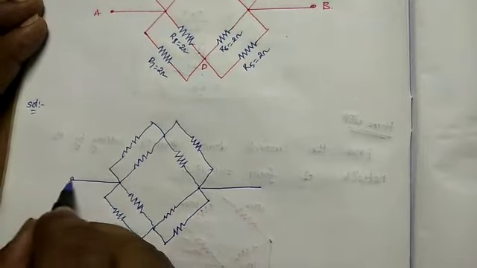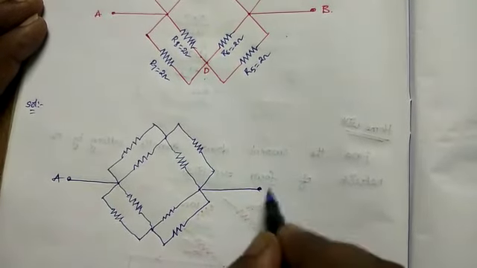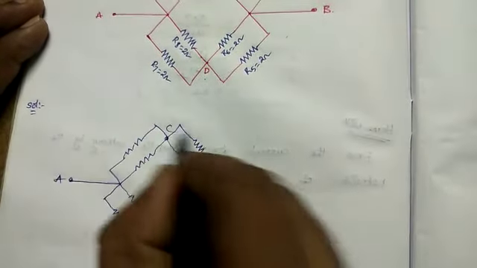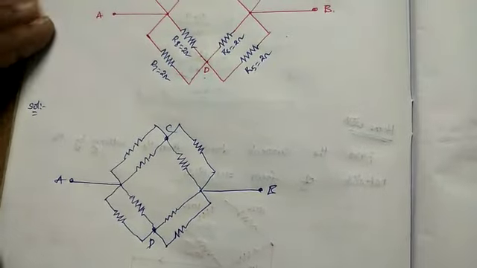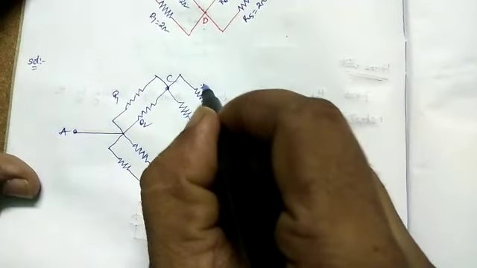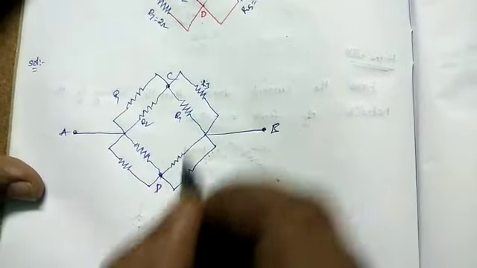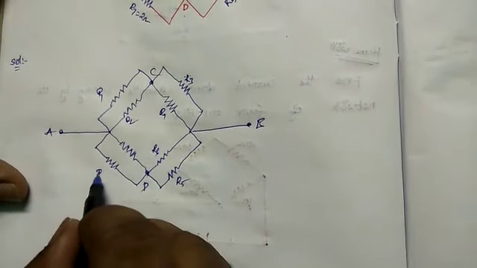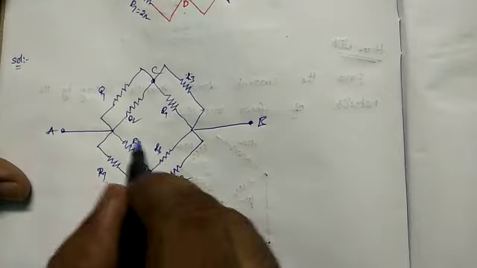Now this is A and this is B, this is C and this is D. So these are R1, R2, R3, R4, R5, R6, R7, R8. All are equal resistances.